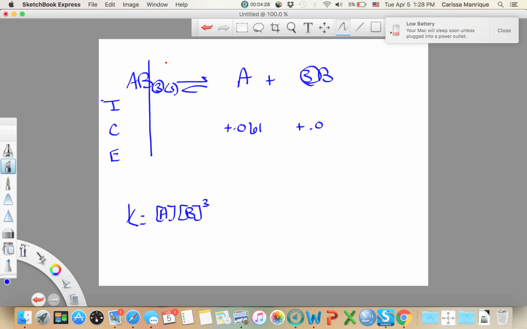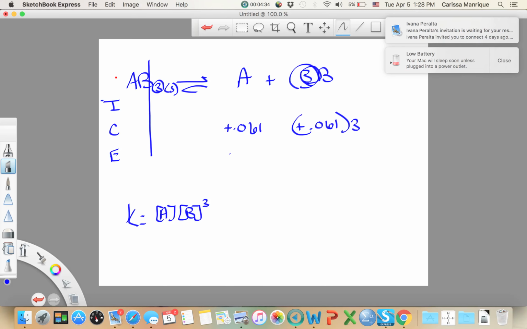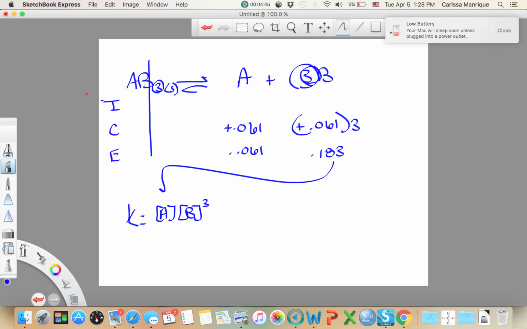Now our change we know is going to be plus 0.061. This will also be plus 0.061, but this is going to be times 3 because there's 3 of them. So at equilibrium we have 0.061, and then here 0.061 times 3 is 0.183.